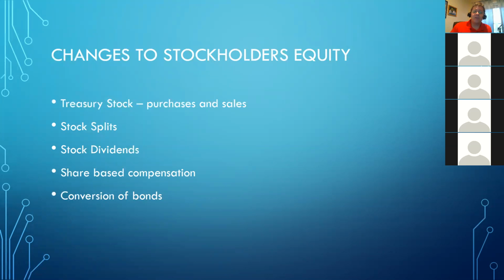While it sounds like if you sold it for more than you paid for it, you have a gain, and we've dealt with gains when we sell assets, treasury stock is not an asset. Treasury stock is a contra equity account, and FASB prohibits us from having any impact on the income statement from transactions in treasury stock.